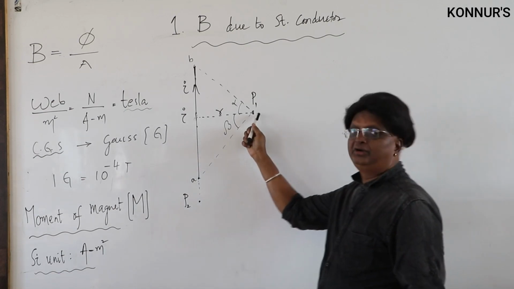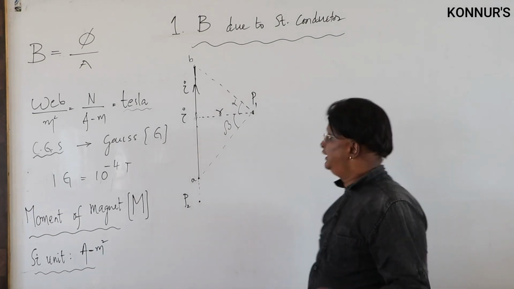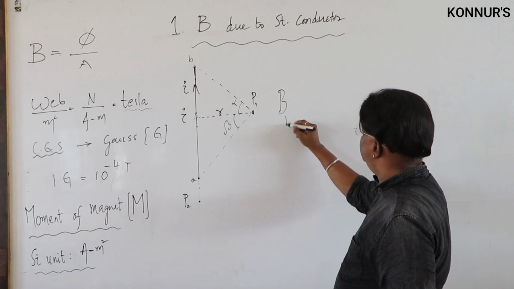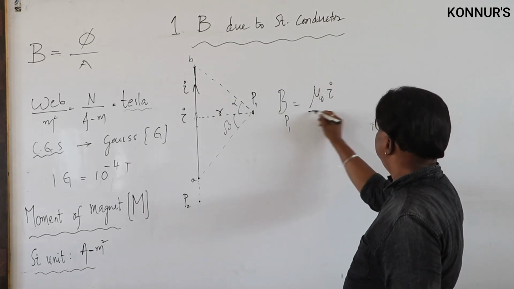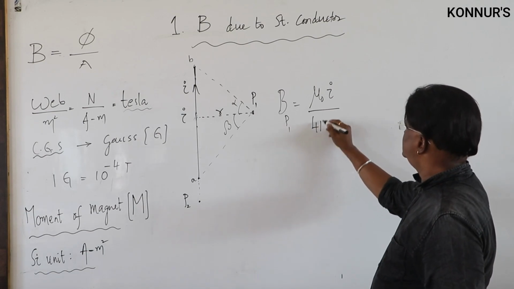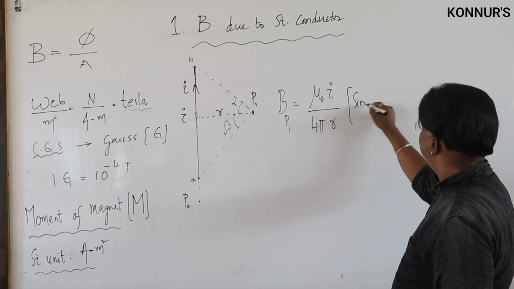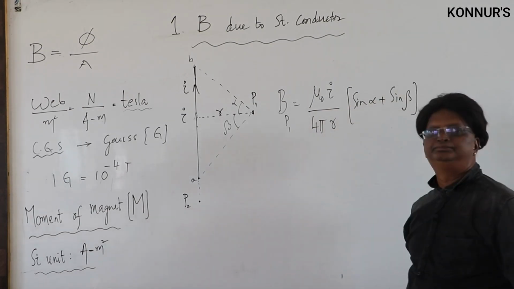So the point of observation is joined with the ends, and then you write these angles. Now I am writing B at P1, the lateral point, is mu naught I by 4 pi r times sine alpha plus sine beta is the expression.